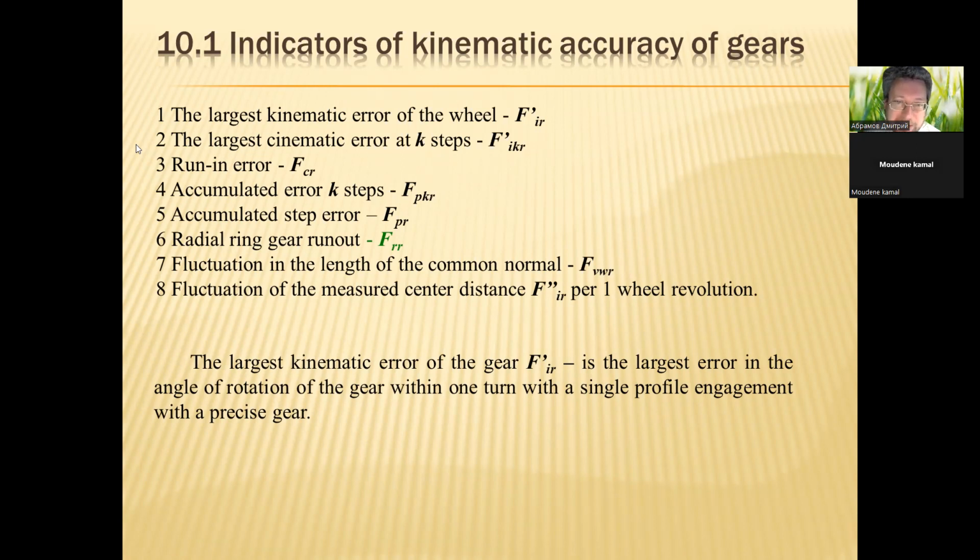Accumulated step error. Radial ring gear runout. Fluctuation in the length of the common normal. Fluctuation of the measured center distance per one wheel rotation.